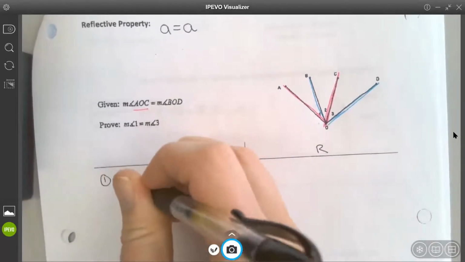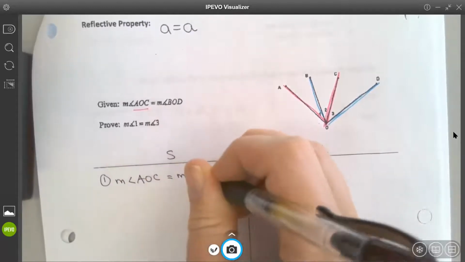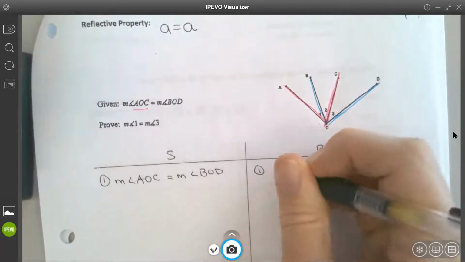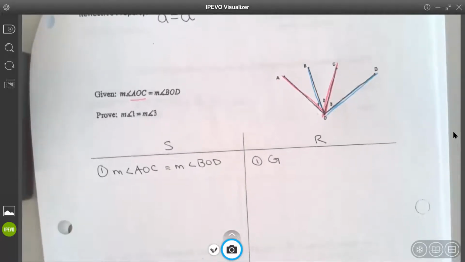The measure of angle AOC is equal to the measure of angle BOD, given. I always have to write that given in there. Before I just start writing things, I've looked and seen that my angles are broken into two parts. So I'm probably going to start with angle addition.